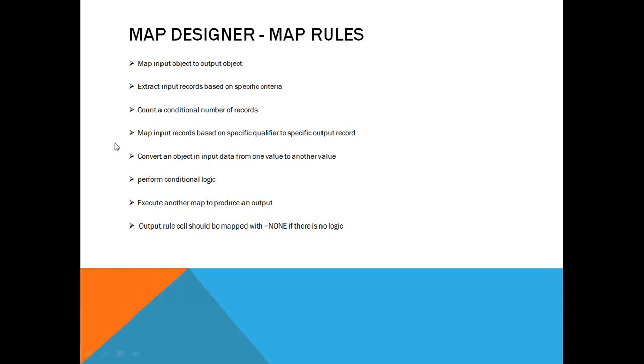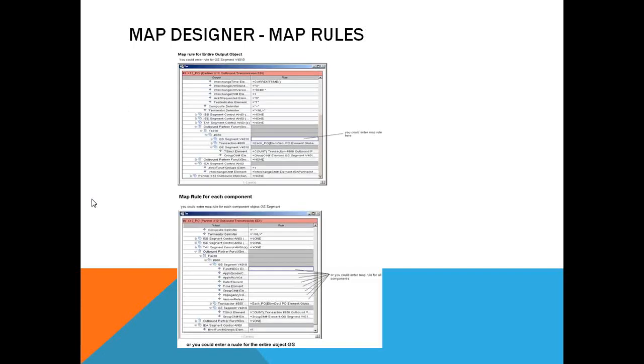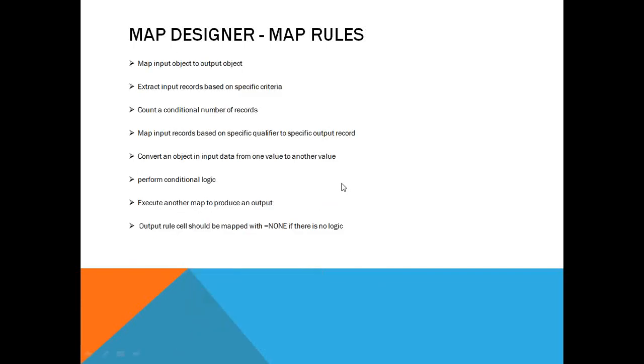We can do the transformation from one object to another like number to text, text to time, or perform conditional logic like if-else conditions, or we can execute one map from another. All these mapping functionalities are available in the map.